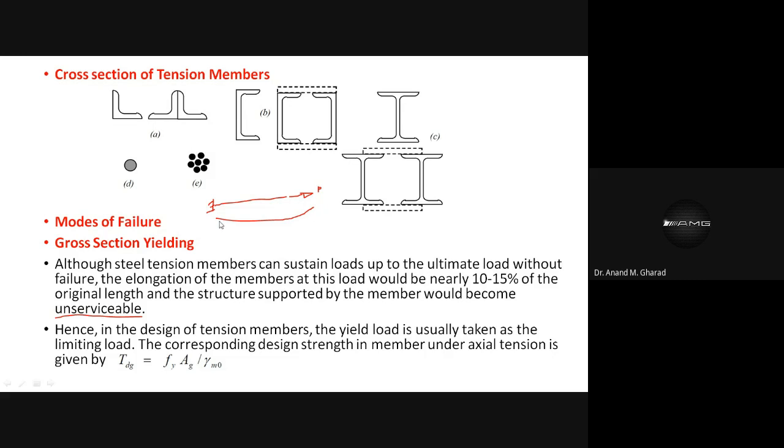In order to keep this unserviceability in check, the IS code provides this formulation. We will see the application of this formulation in the coming numerical, which I am going to discuss in the further lecture. So have you understood this first point? Gross section yielding is one of the modes of failure.